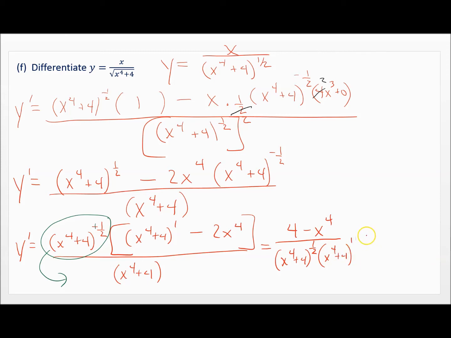Remember, that was raised to the 1st. Well, these are the same factor, so that means I can add these exponents. So the best looking answer we can do is 4 minus x to the 4th over x to the 4th plus 4, and 1/2 plus 1 is 1/2 plus 2 over 2, which is 3/2.